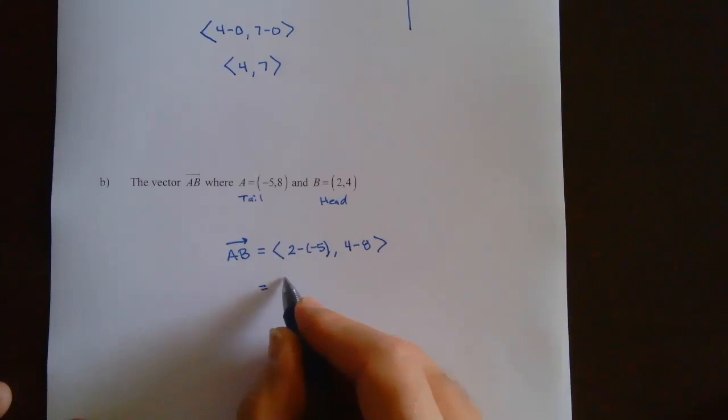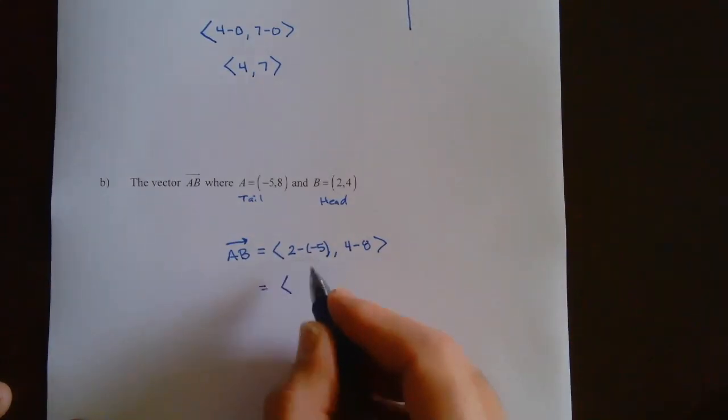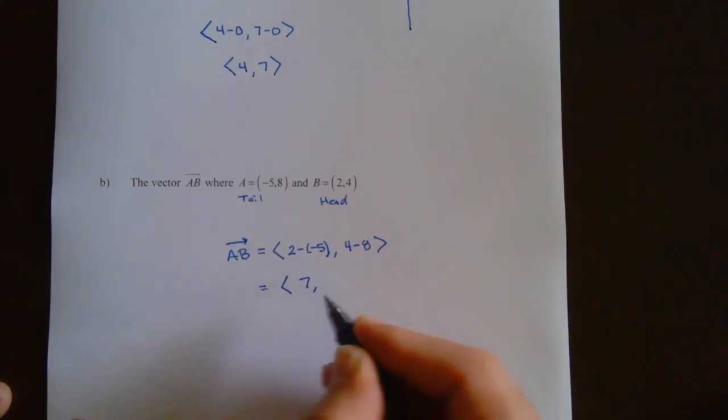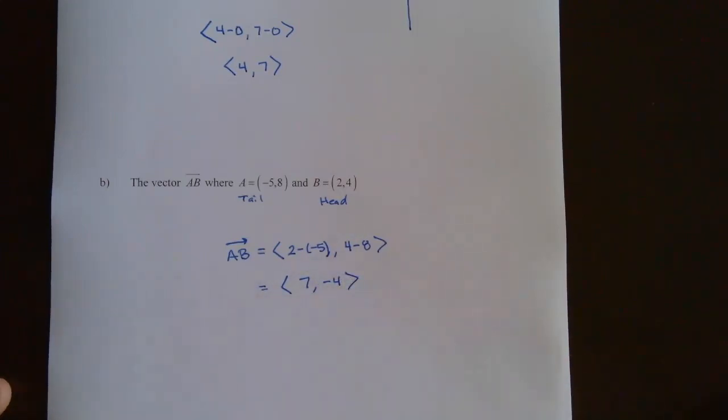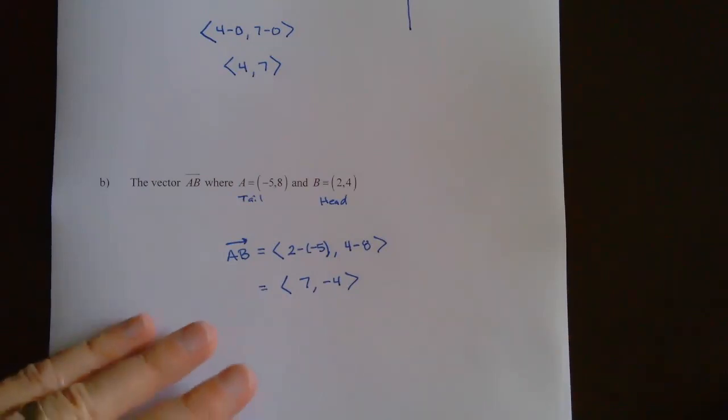That would be equivalent to the vector 2 plus 5, so that'd be 7, comma, 4 minus 8 is -4. And that's the component form of this vector. Easy enough, right? This isn't hard. You just have to know the definitions. All right, so let's go to the next example or next page.